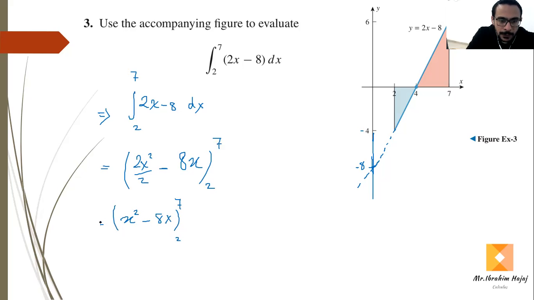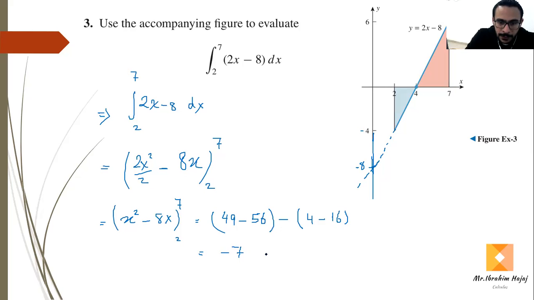Now we substitute with 7. 7 squared is 49, minus 8 times 7, which becomes... How much? I have a negative number, Mr. It came out negative 7 for me. Yes, 49 minus 56 is negative 7. Then when it's 2: 2 squared is 4, minus 16, which is negative 12.